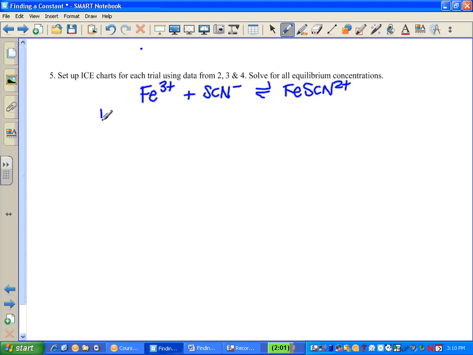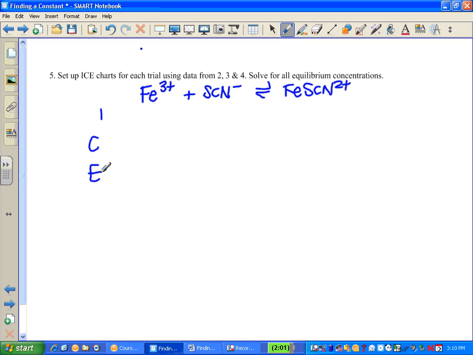The I stands for initial, the C stands for change, and the E stands for equilibrium. So what we have to do is take the information from questions 2, 3, and 4 and use that data to help us to fill in this chart.